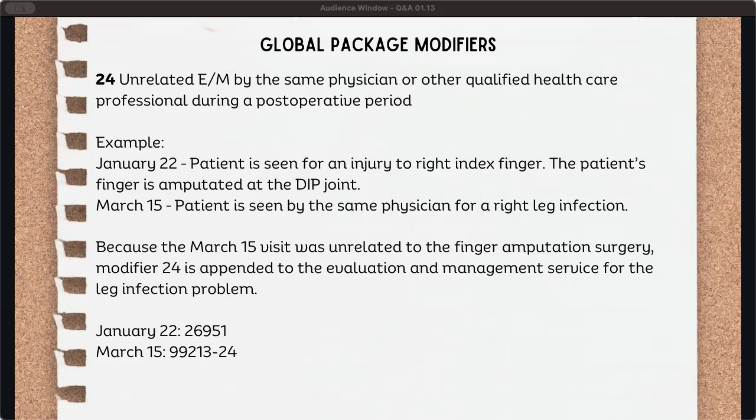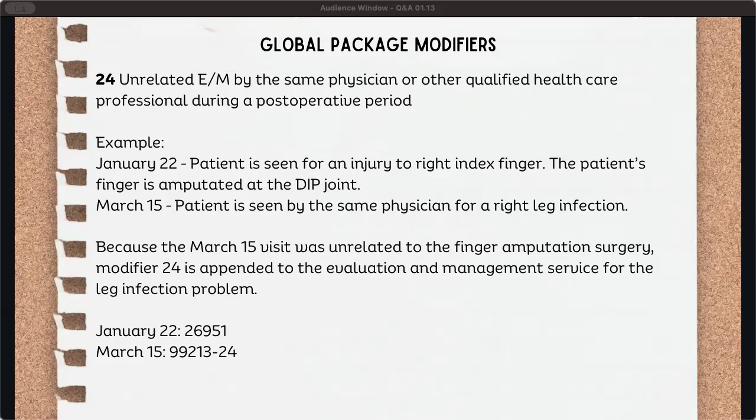So the example that we have here is in January, the patient was seen for an injury to the right index finger. So therefore they amputate the finger at the DIP joint. Now, let's say in March, the patient is seen by the exact same physician, but they come in this time for a right leg infection.